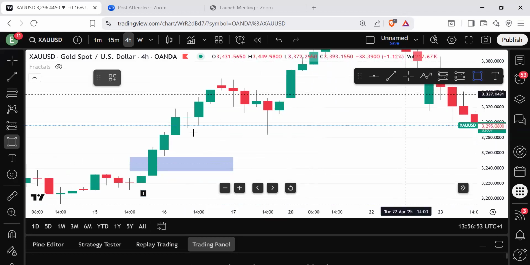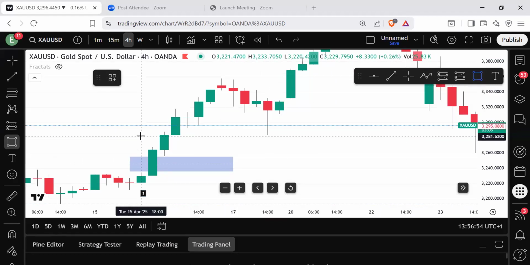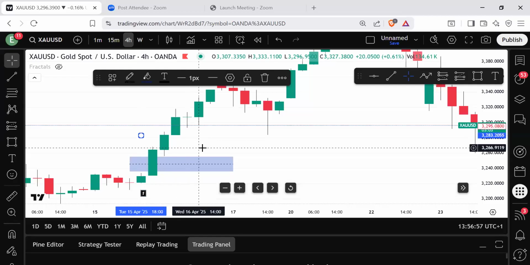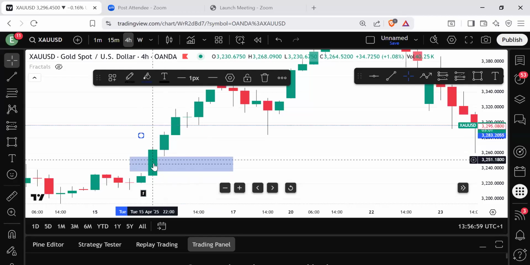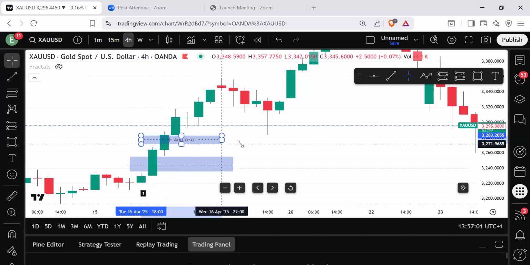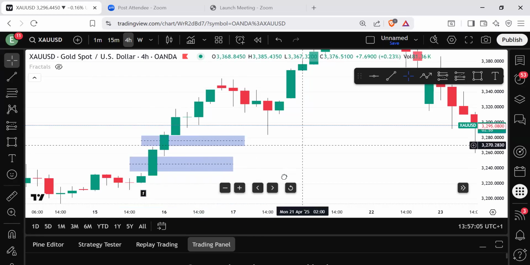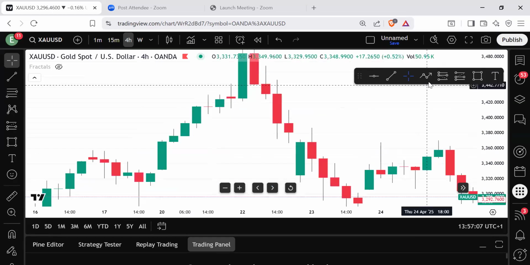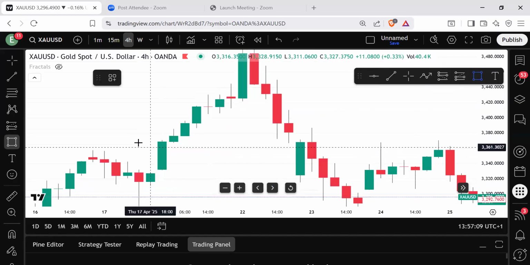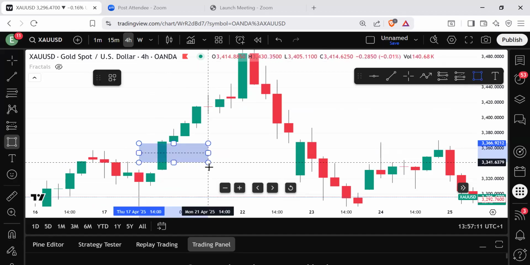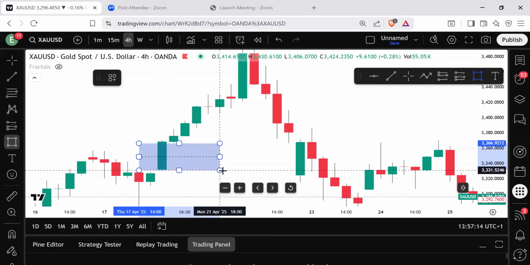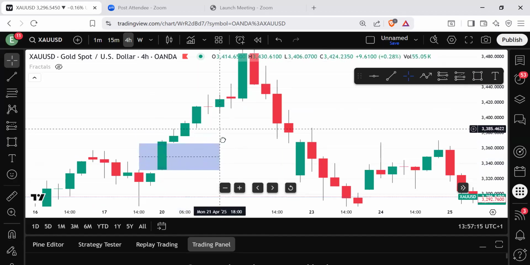So if that is the case, from candle 2 and candle 4 there is also a gap. You always find gaps.